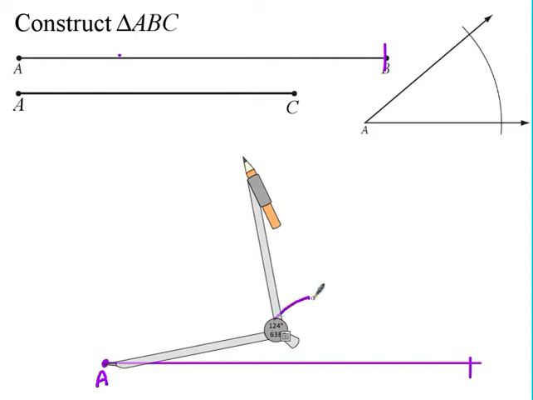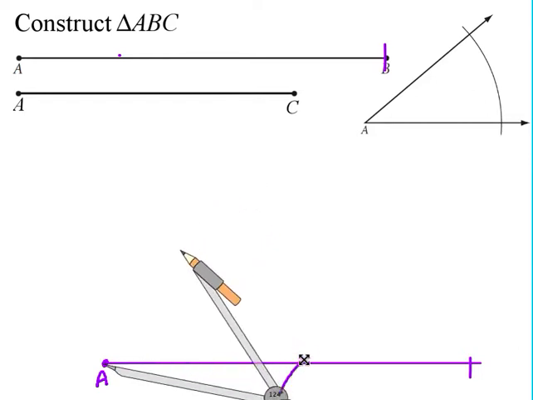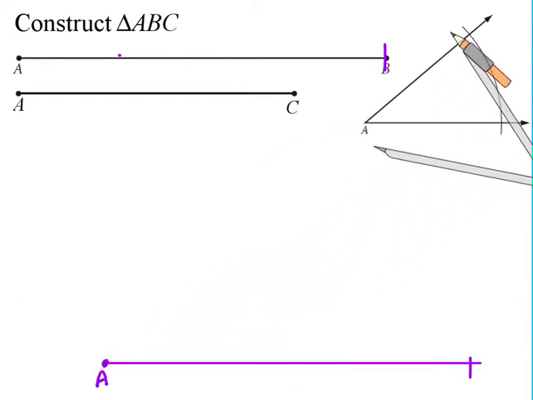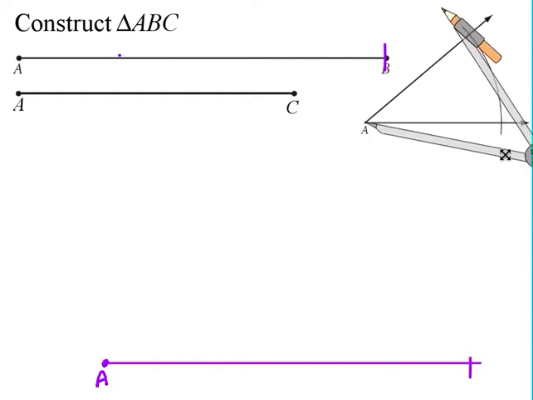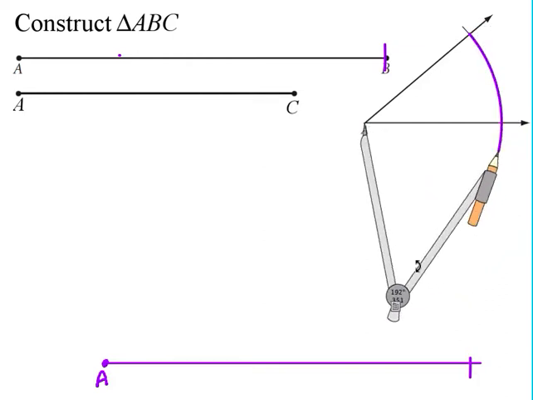Now you're going to duplicate angle A. I'm going to place the tip of A right there, and then I'm going to use that as my arc. So there's the arc on A.